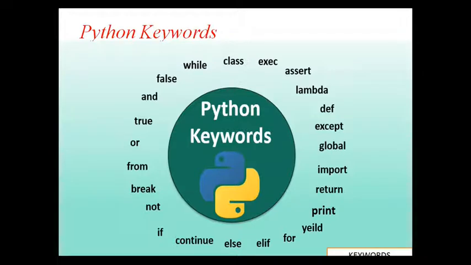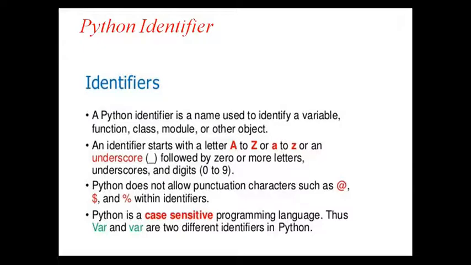Next are some keywords. Keywords are basically fixed words that can't be changed, and they can't be used as a variable name. So here is a list of keywords in Python. Next is the Python identifier. An identifier represents the names used in a Python program. The length of an identifier can vary. Some rules are here.